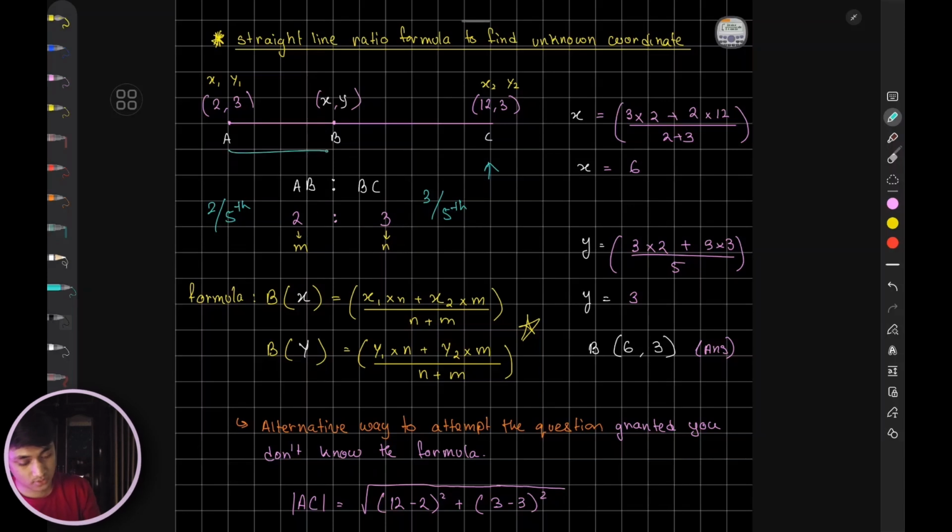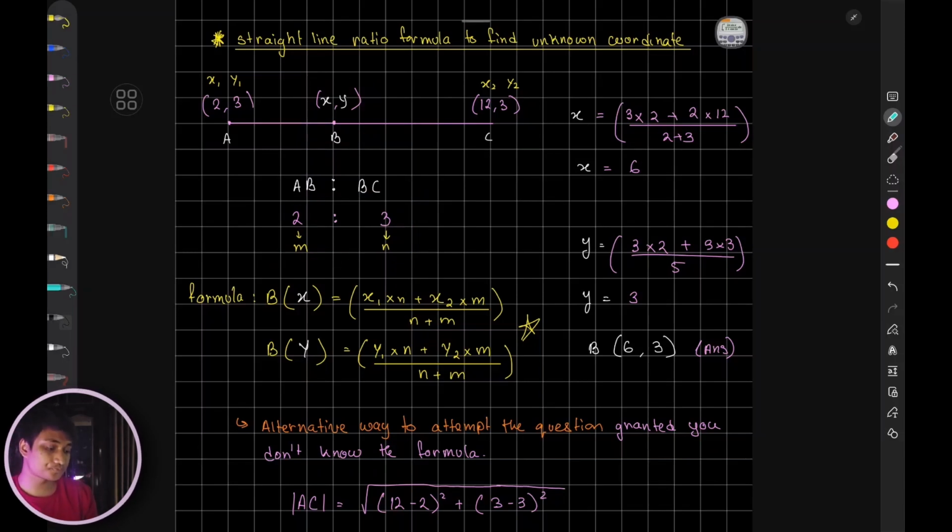So 2 parts with AB and 3 parts with BC. So how many total parts? 2 plus 3, basic maths, 5. So the total number of parts are 5, where 2 of those are with AB and 3 of those are with BC. Very simple. But the point is, how do you find out this point B, which respects this ratio?